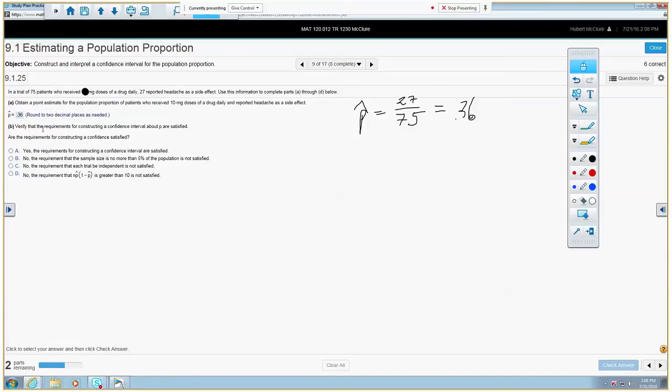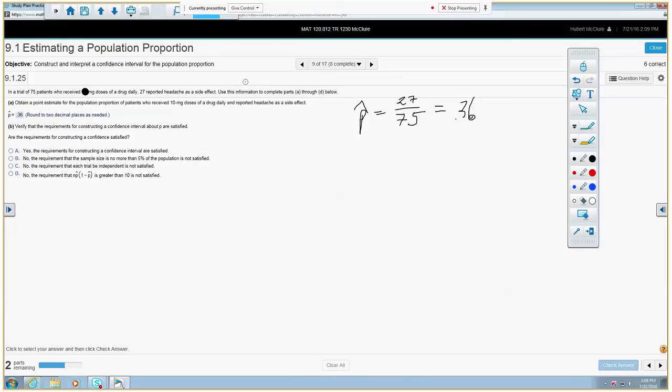This is where you have to do the 5%. What's that one? 5% of N, and then the other one is NPQ. I think they're going to ask one of those. I'm going to do NPQ because there's no way we can do N because we don't know. The trial of 75 patients. Well, are we talking in the U.S. or are we talking about in South Carolina and Anderson? If we're talking about Anderson, what's the population of Anderson? Somebody look it up right quick.